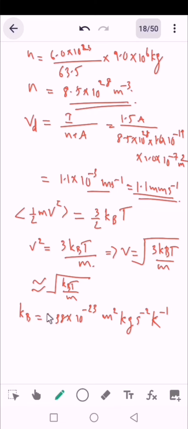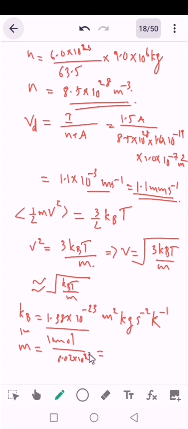This is the unit of the Boltzmann constant, and this is the value. Now what is the value of m, that is the mass of copper? You can calculate the mass of one atom of copper, that is 1 mole of copper divided by 6.02 into 10 raised to 23.